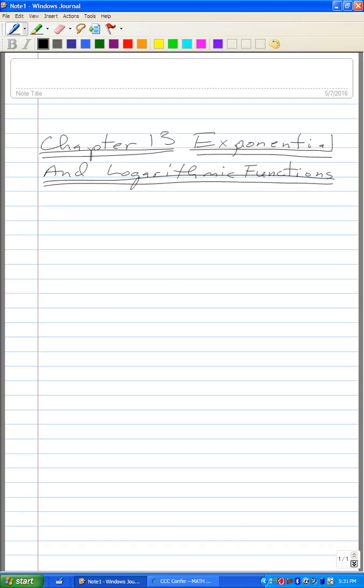Section 13.1, Exploring Exponential Functions and their graphs.